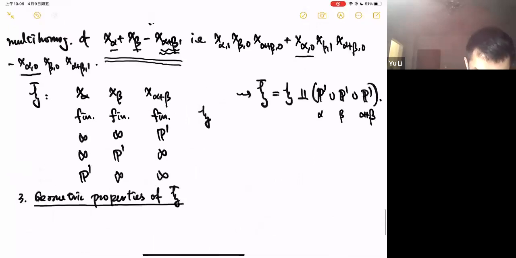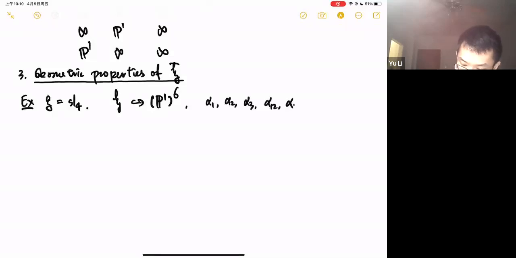If G is SL4, then H sits inside P1 to the 6th power, because this time we have 3 simple roots, alpha 1, alpha 2, alpha 3, and then 3 non-simple but positive roots. Okay, so I'll write it down. Alpha 1, alpha 2, alpha 3, alpha 1,2, alpha 2,3, and alpha 1,3.